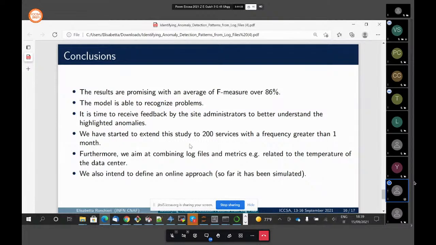We intend to combine the matrix that we get from the log files with the matrix that comes from other sources like InfluxDB, in order to determine if it is possible, for example, to identify when the temperature of the data center increases according to some anomalies that appear in the machines.